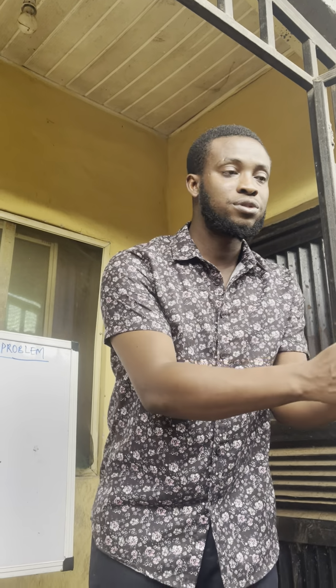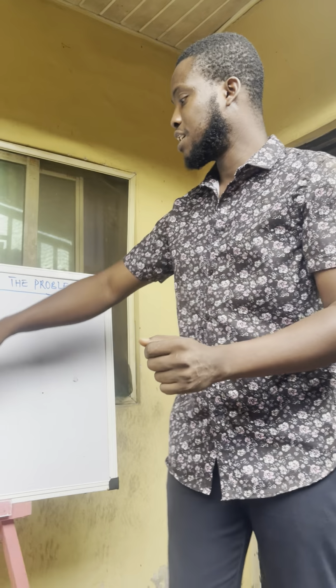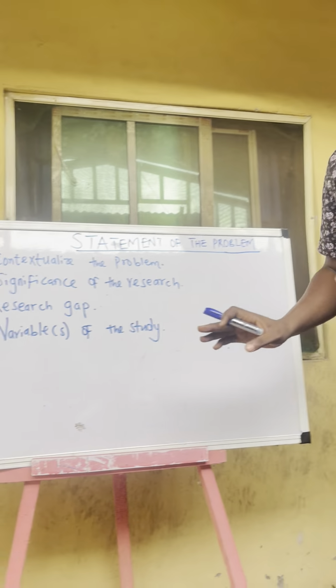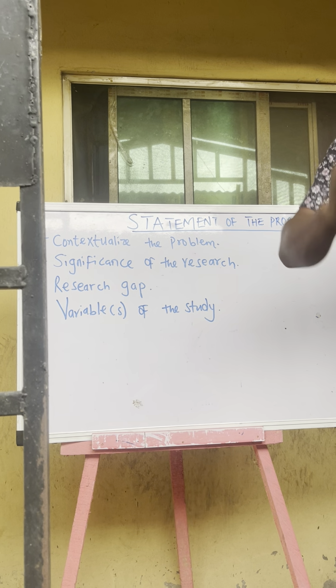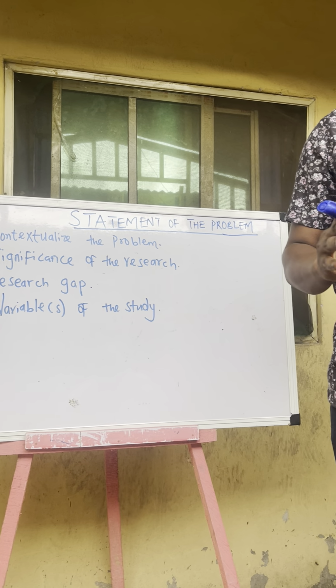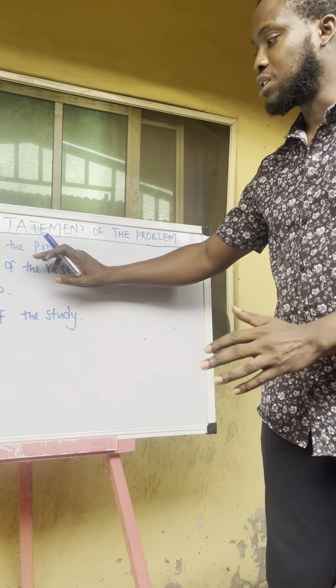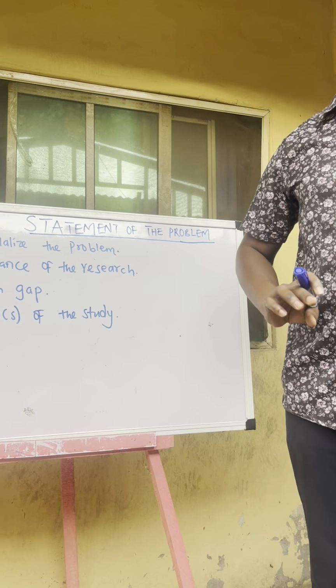I could also say, if everybody knows about recycling and the attitude towards it is positive, people will strictly adhere to recycling, thereby removing the indiscriminate dumping of refuse in my community, making the community clean. That is significance. I just tell the audience why it is important this research needs to be done.